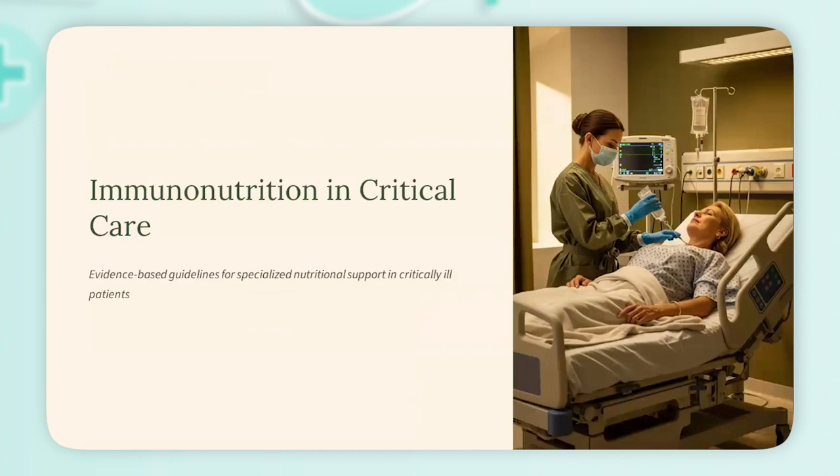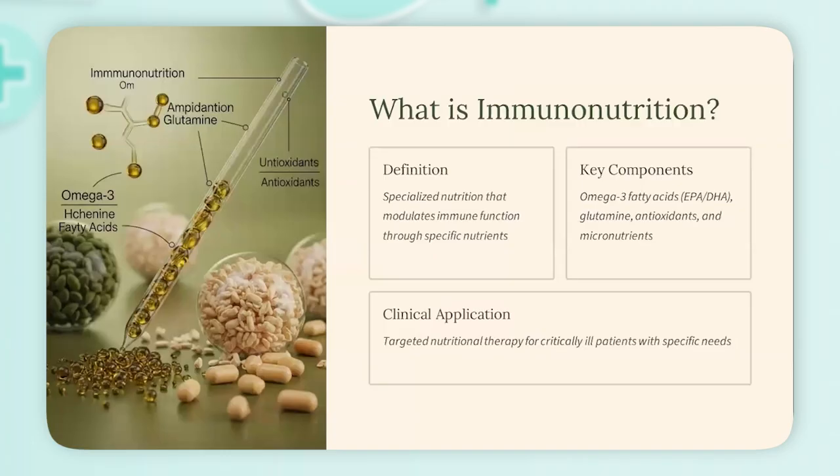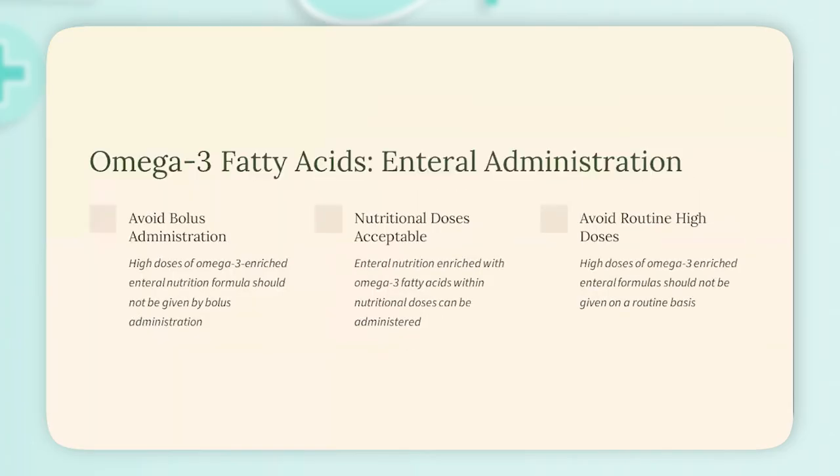Immunonutrition is always discussed and very controversial in the critical care area. It is basically when you think of nutrition other than carbohydrate, protein and fat, the omega-3 fatty acids are targeted only in special patients. It is not to be given in bolus doses.